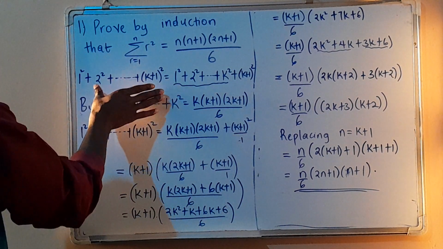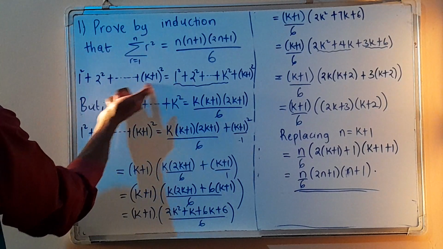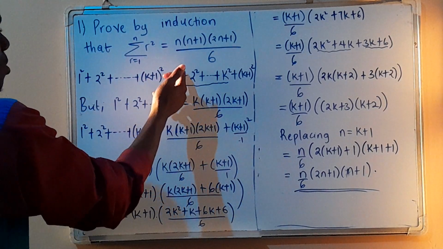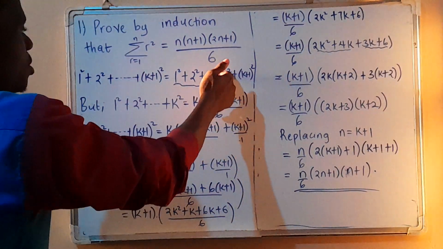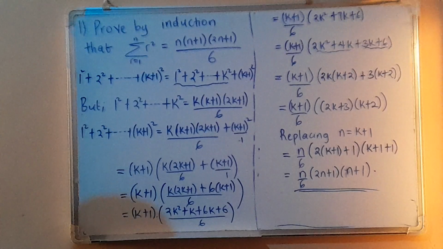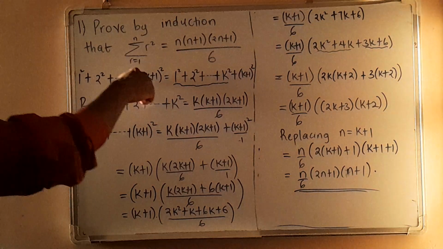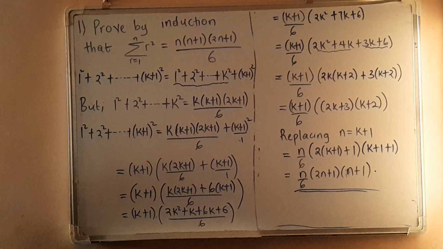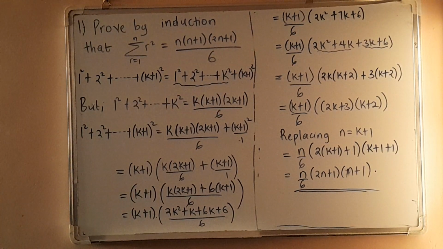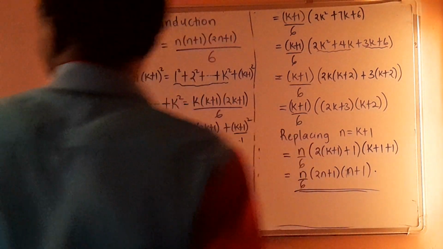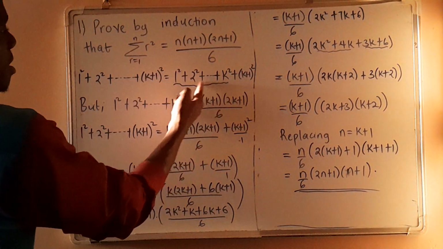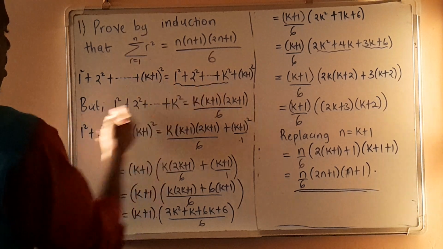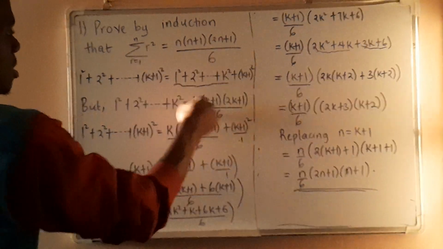So we shall have this, but this can be written as 1 squared plus 2 squared plus k squared then plus k plus 1 squared. Before reaching that term for k plus 1 squared, there is a term for k squared. But we assumed that this sum was equal to something.